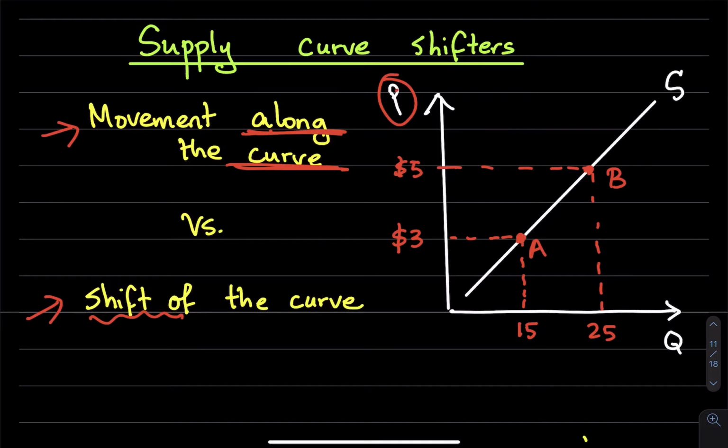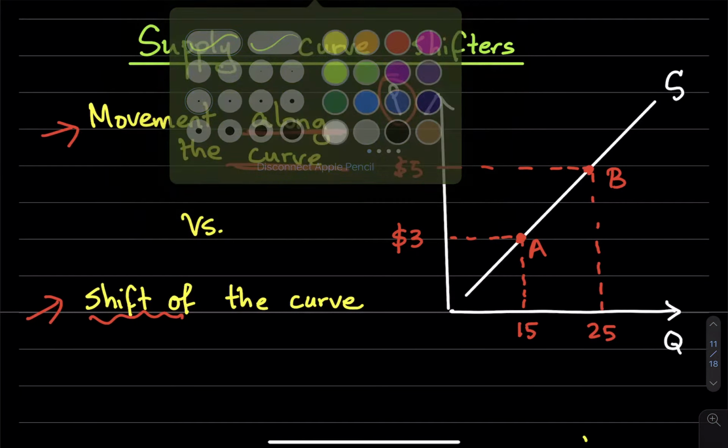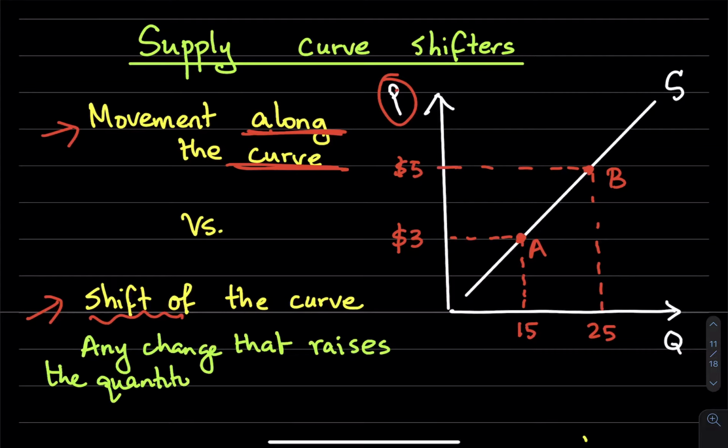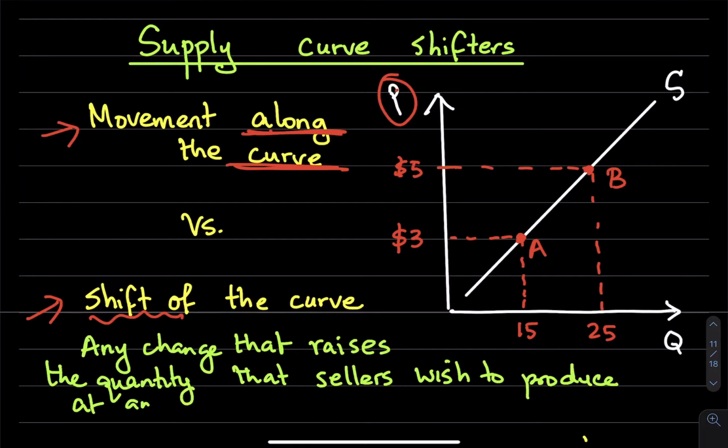The idea here is to remember that any change that raises the quantity that sellers wish to produce at any given price shifts the supply curve to the right.